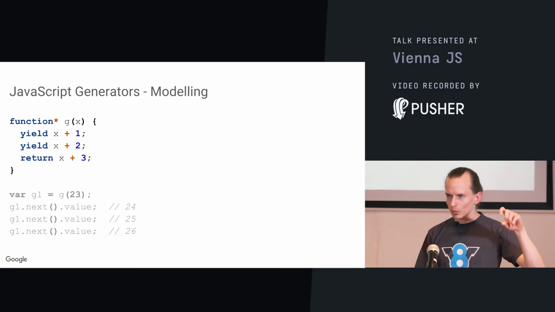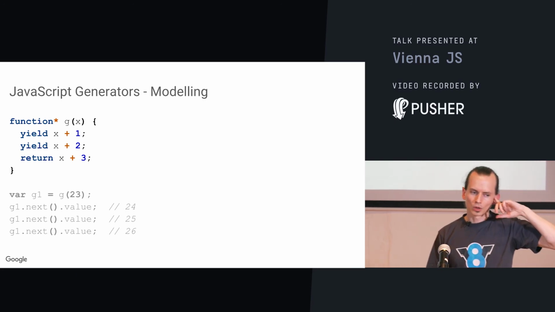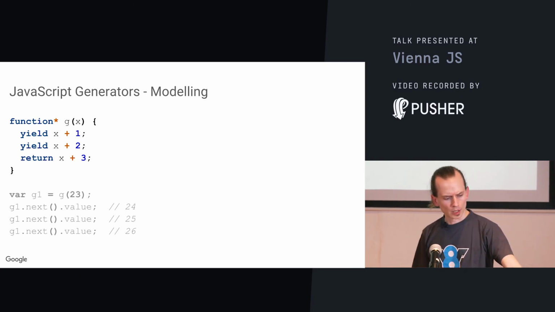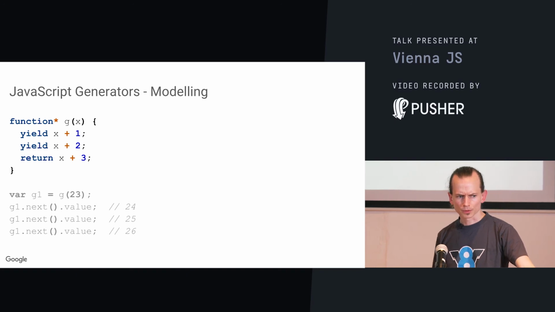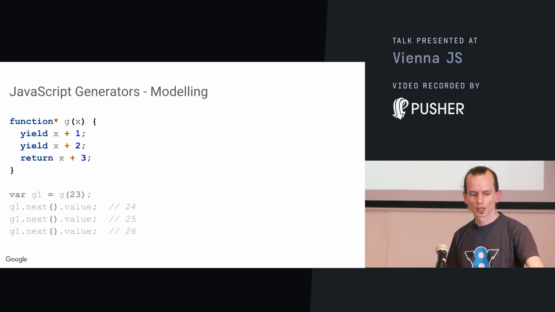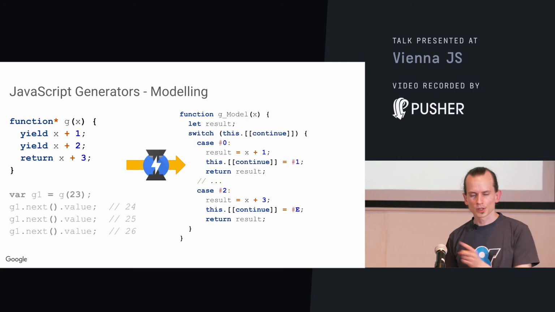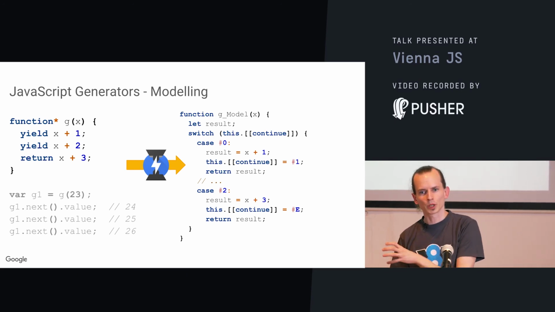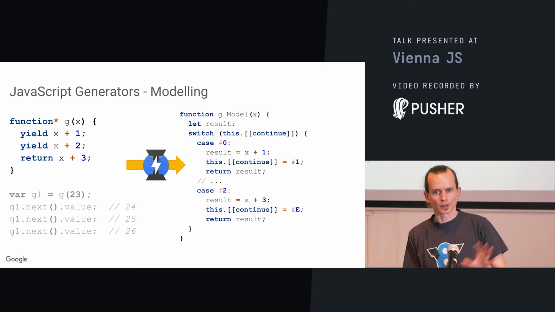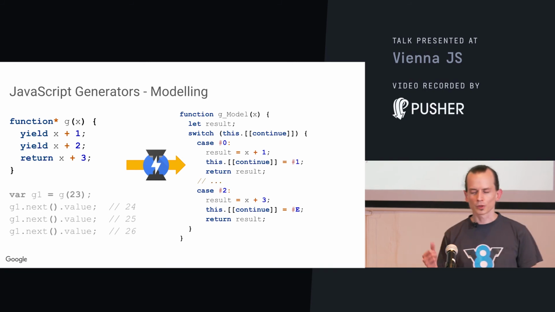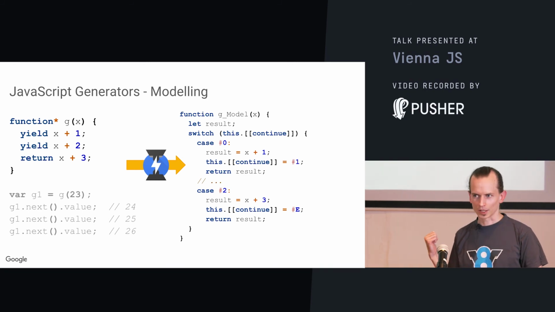Now, how do we actually model the generator function itself? So again, I'll try to explain it with pseudo JavaScript. This time, this translation is not done by Turbofan, but by Ignition. So it's done the very first time you compile a generator. We do some translation to it to actually generate bytecode that more resembles as if you would have written this switch case on the right-hand side.